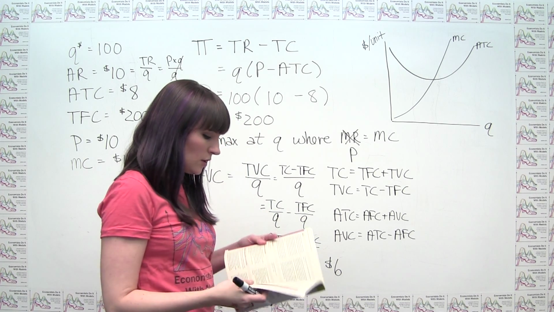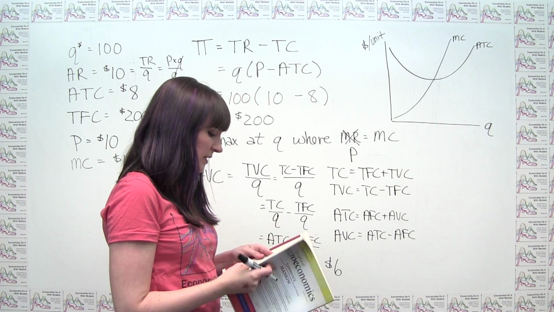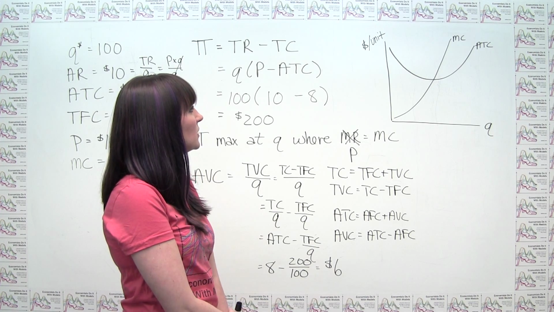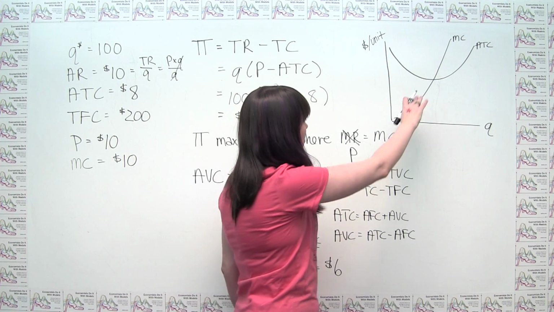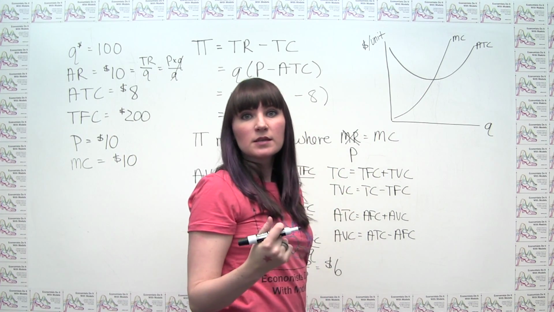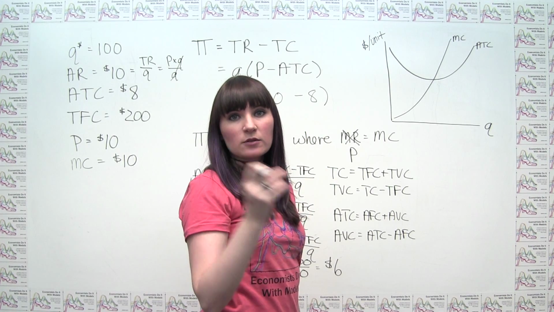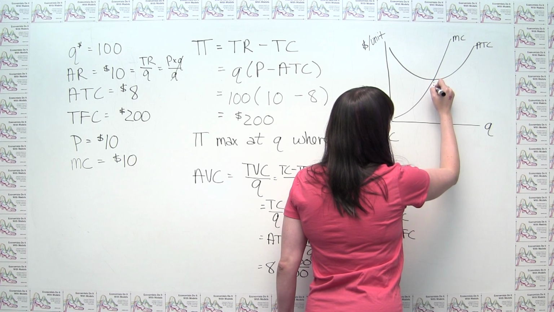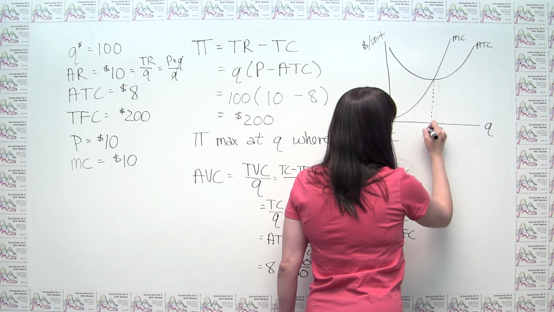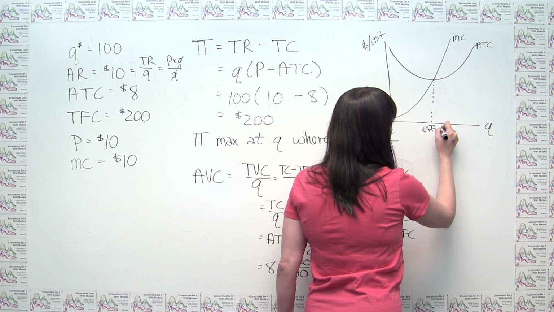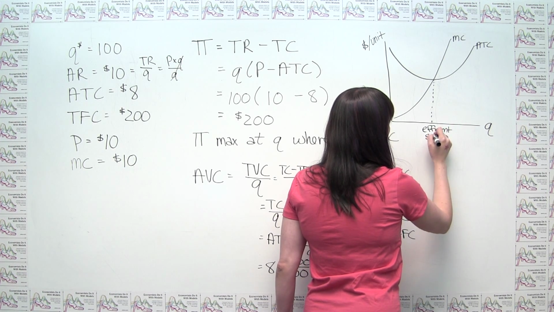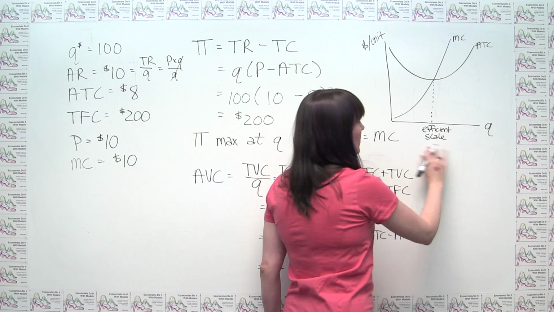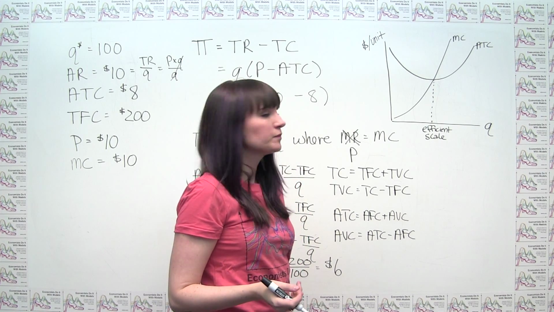Okay. So then we have this idea of efficient scale. What that means is where are we producing at lowest average total cost. So we could say that our efficient scale is at this quantity here, right?